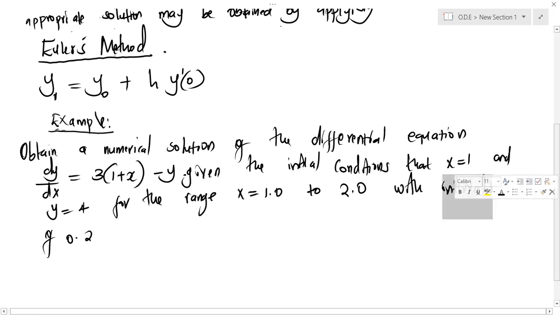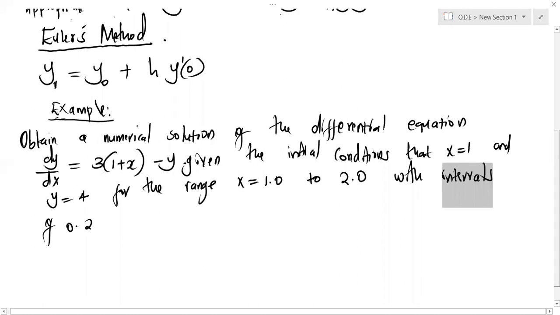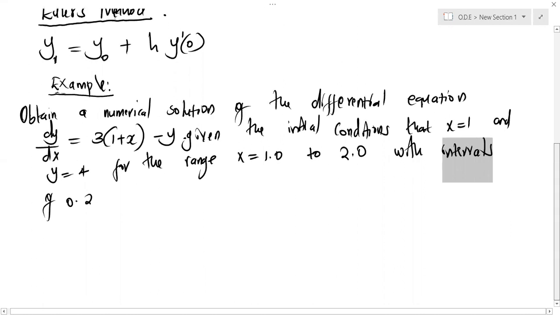Now, how do we go about the solution? We already have the formula for getting y1. So that's the formula we'll be using repeatedly so that we get the values of y1 all throughout.